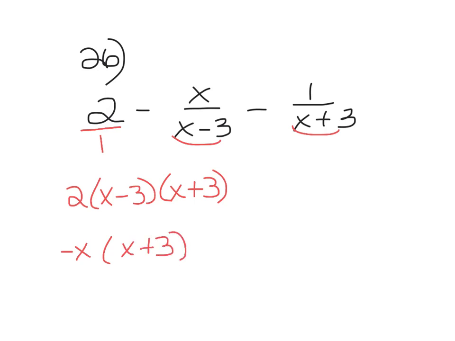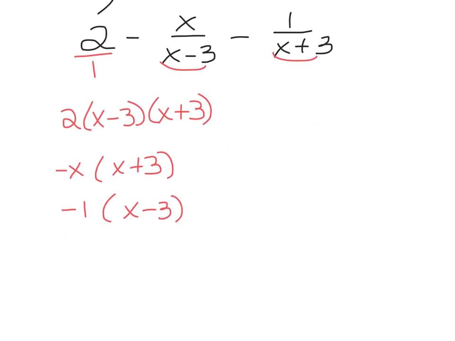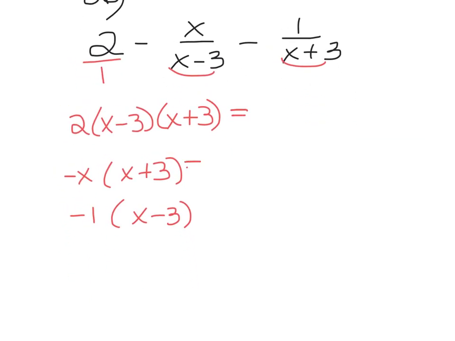And the last fraction, the negative 1, and what it's missing in the denominator is x minus 3. So now, these are all what I need to do to get my new numerator. I'll FOIL this first and then distribute the 2, or I could distribute the 2 first. So this would give me 2x minus 6, and then I need to FOIL it with this one.